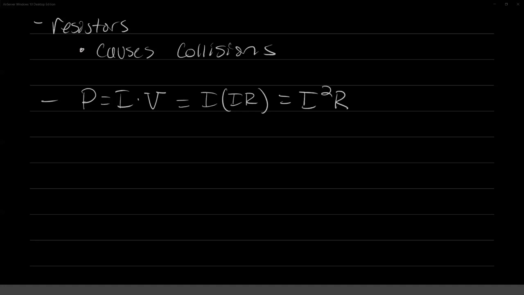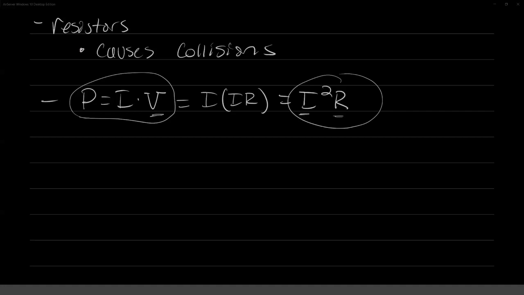I would probably use that one. But if you're not given a voltage and you're just given a current and a resistance and you're asked how much power or how much work or how many joules, then you might have to use this one, right?